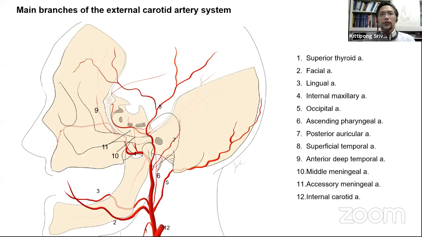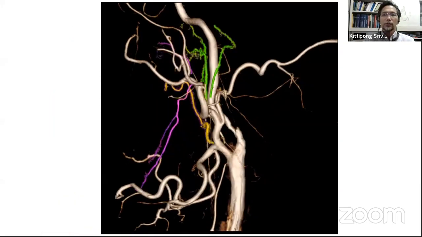Okay, so these are the branches of the external carotid artery system. Probably any fellows, any residents will have probably mastered all the branches here. But this is just an illustration. It would be very nice if you can name all the names, pick out all the vessels from a single angiogram. That would be an ideal thing to do.